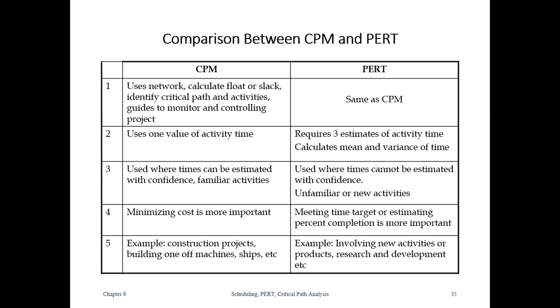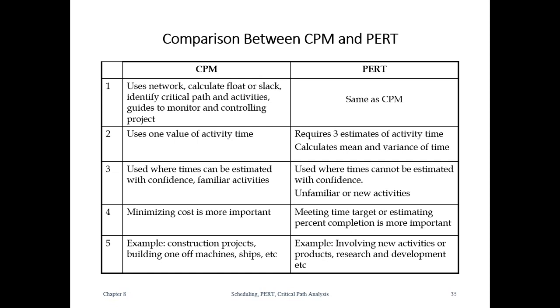But PERT is a probabilistic approach, which means we are not very sure about the actual time required for completion of a particular activity. For example, research and development activities, developing a new device or technologies, developing satellites and so on.